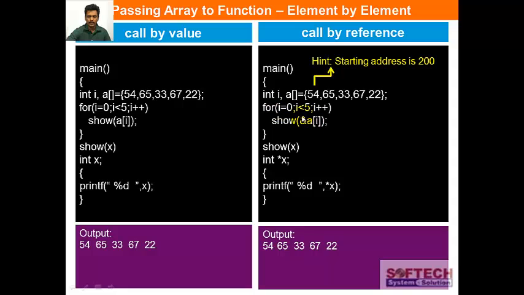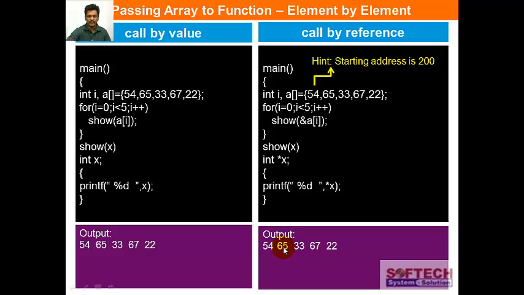Then control is transferred to the loop, the I value is increased by 1, and now the value of I is 1. We pass and A of 1, whose address is 202. The 202 is transferred to pointer variable X, then it displays the value at 202, star X. So now the new value of X is 202, and the value at 202 is 65.